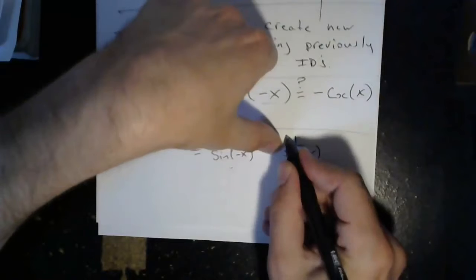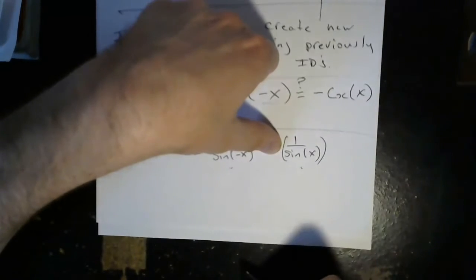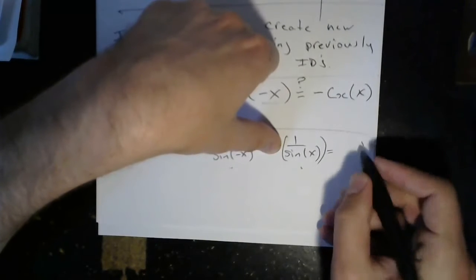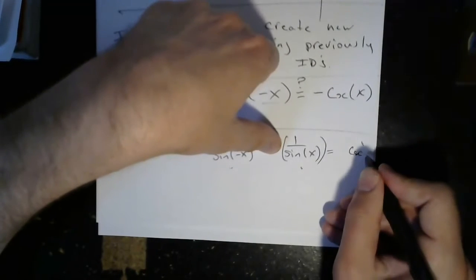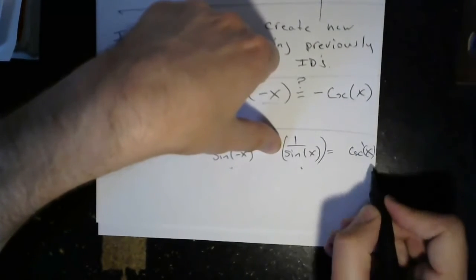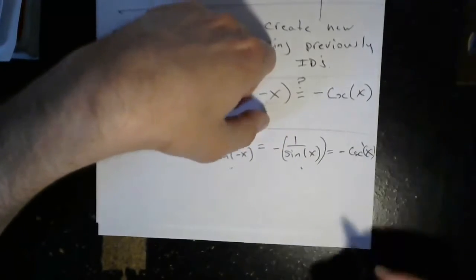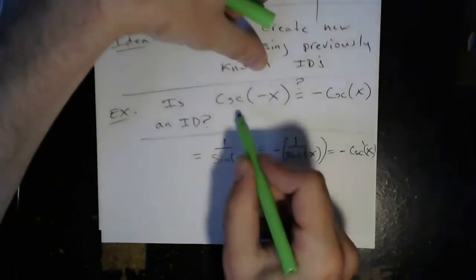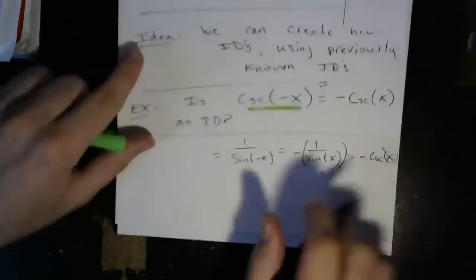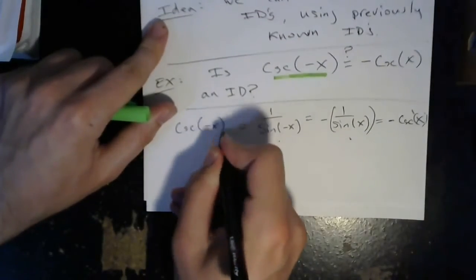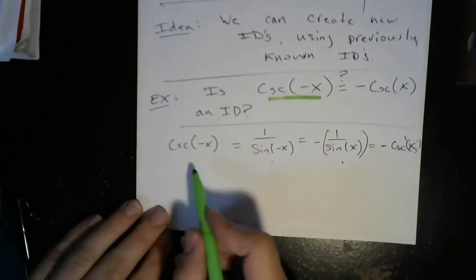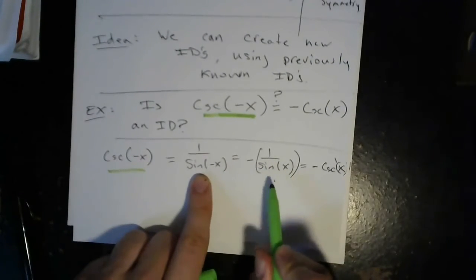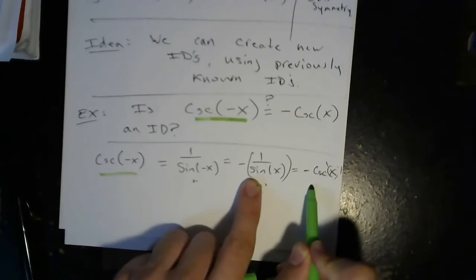But then, what is 1 over sine x? 1 over sine x is cosecant. So this is cosecant of x, and that negative is out front. And so what we've done is we've gone from cosecant negative x, that's what we started with, to this, which follows this identity, which is then equal to this.